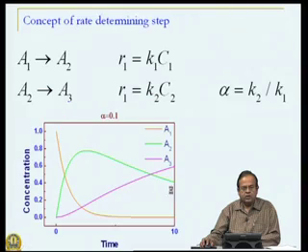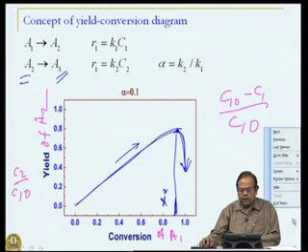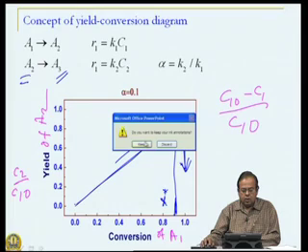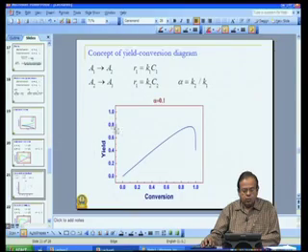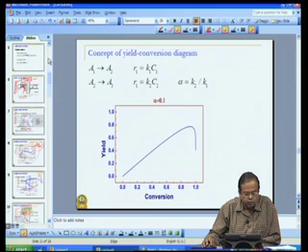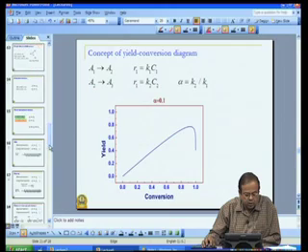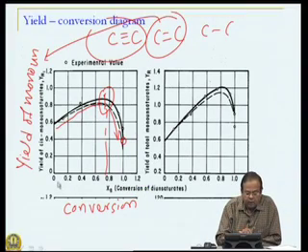Let me relate this to what we saw by way of example a few slides back. Earlier we considered this example of hydrogenation of oil, and we saw this behavior of conversion versus yield.